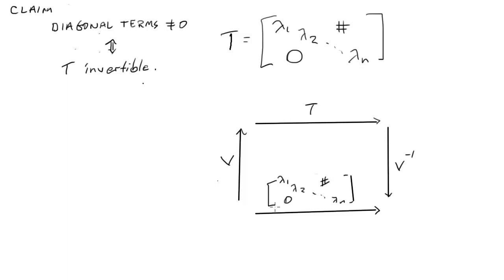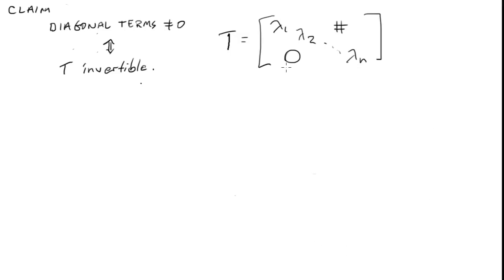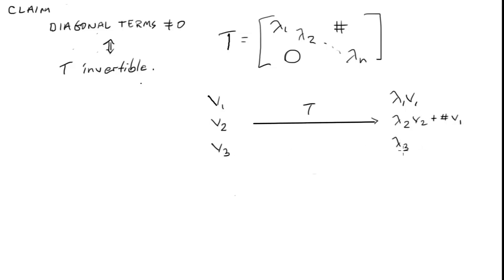So that E1 goes to V1, take it through that matrix, it's scaled, take it back up, it's lambda V1. Or just looking at the vectors themselves, if I take that vector through, it's lambda V1, take V2 through, it's then going to be lambda 2 V2 plus some number lambda V1, and so on.